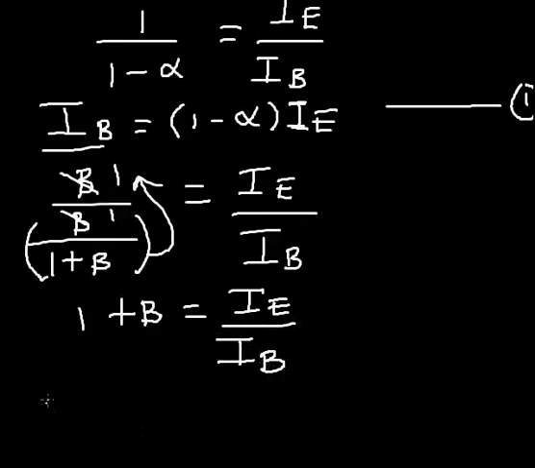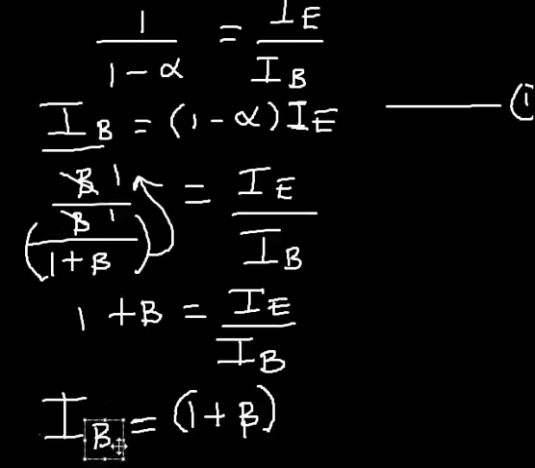So I can cross multiply again. Please pardon me, IE is going to be equal to 1 plus beta, then multiplied by IB.